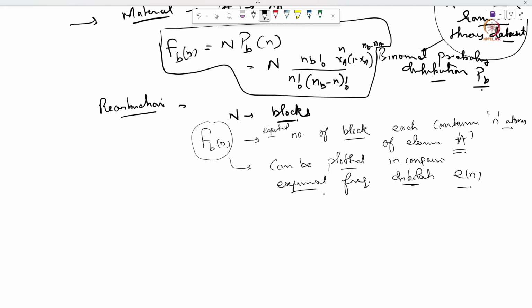Okay, so this experimental frequency distribution, whatever you are getting from the needles from the reconstruction, usually has a shift away from the binomial distribution.